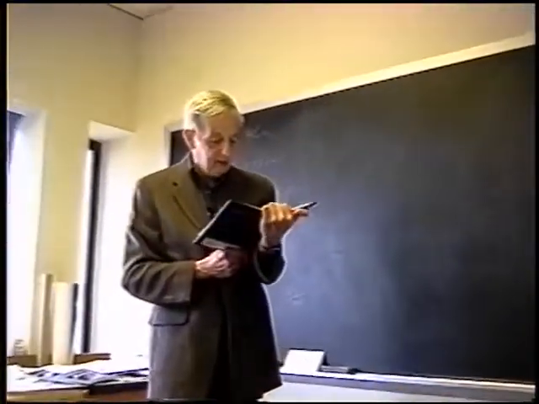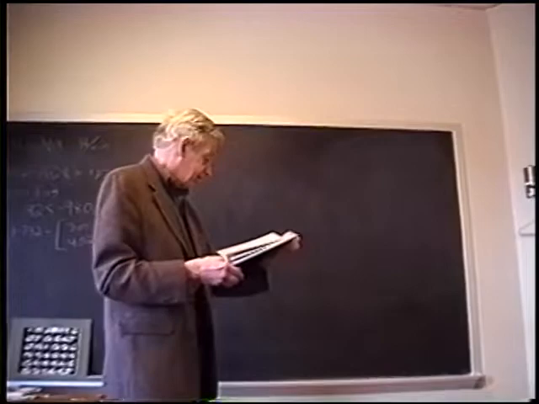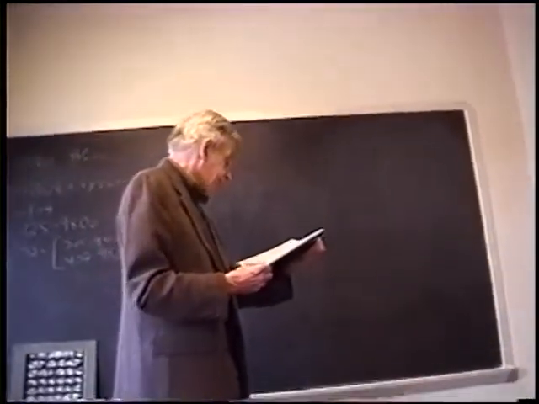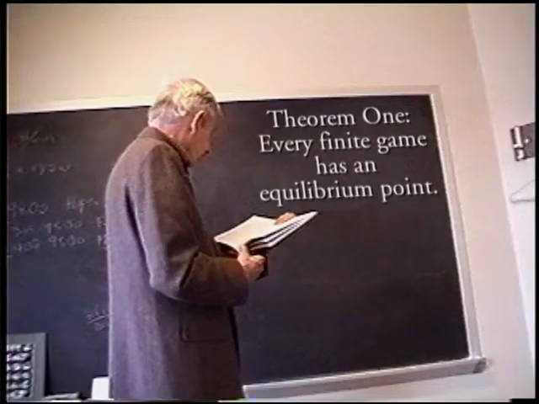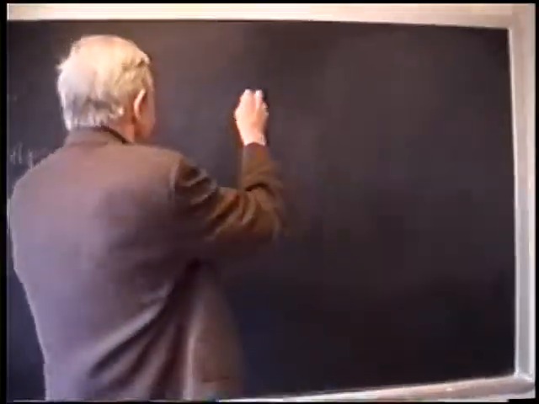The basic transformation, this is the existence of equilibrium points in the thesis paper, right? Sort of a polished version of it. So theorem 1, every finite game has an equilibrium point. I'm not using Greek letters so much, but I'm using a sort of German.